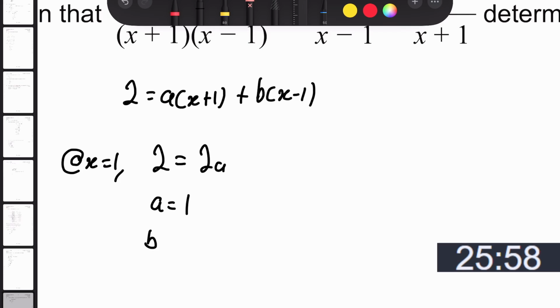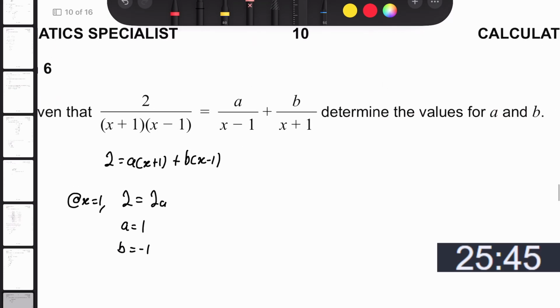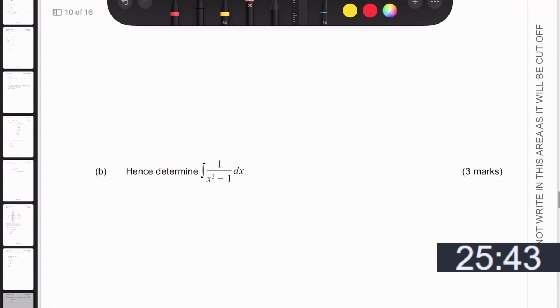And then since a equals 1, we have 0x out here, so b has to equal negative 1. So b equals negative 1. That also makes sense because it's going to be plus 1, and then negative 1 is plus 1, so it gets 2. So then a and b are 1 and negative 1.